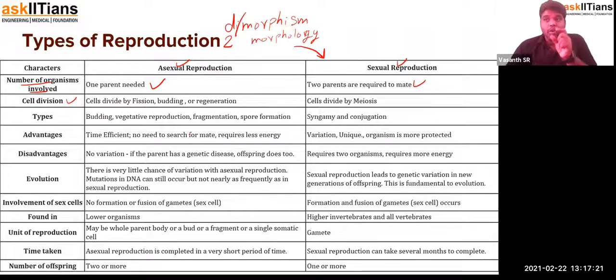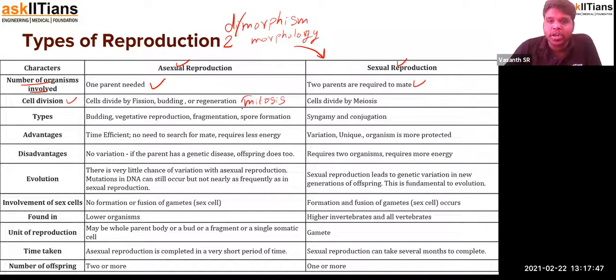So there is always a process which makes new cells, and that process is called cell division. Cell division takes place in two different ways, in asexual and sexual reproduction. The cells divide by binary fission, which is like mitosis, you call it mitosis.